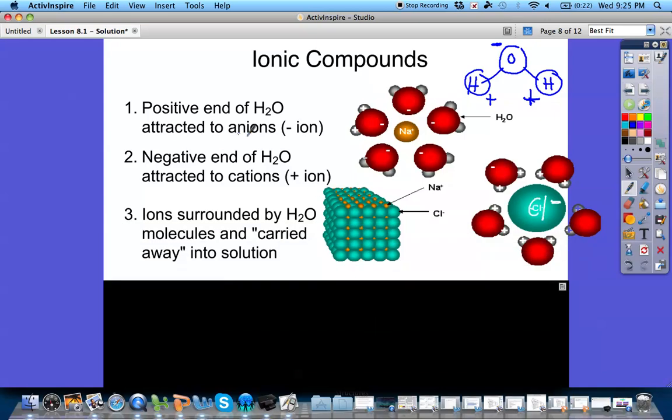So the positive end of water is attracted to the anions, the negative ion. That positive end of water, again, is the hydrogen end. The negative end of water is attracted to the cations, the positive ion. The negative end of water is the oxygen end.